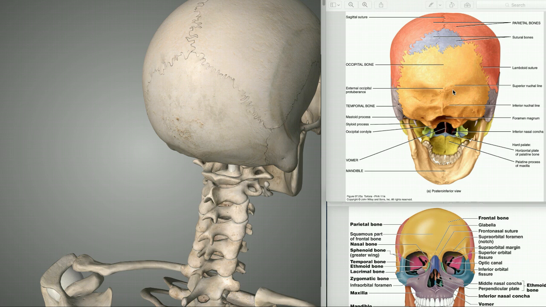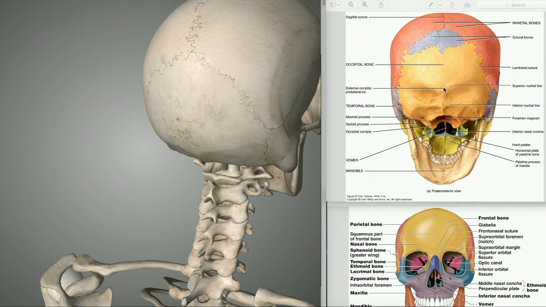Superior meaning it's on top, and on the bottom part you have the inferior nuchal line. And some people have this little bump at the back here, which you can most likely feel with your fingers. If you were to palpate around the back of your head, you can feel this little bump, and this is known as the external occipital protuberance.